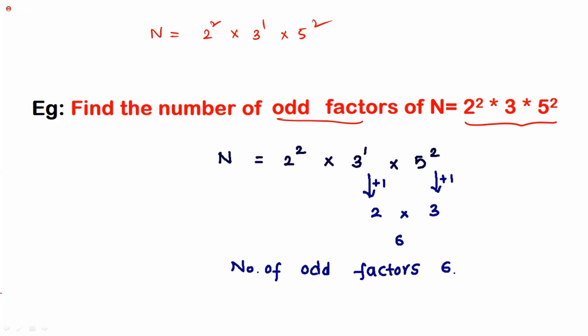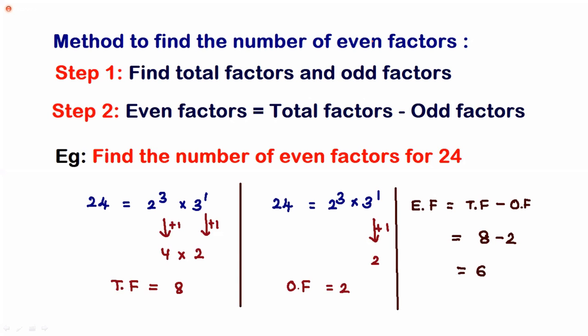Look at the odd prime bases: this is 3, this is 5. 1 plus 1 is 2, 2 plus 1 is 3, 3 into 2 is 6. That gives the number of odd factors. So when finding the odd factors of any number, only look at the odd prime bases and observe the powers, following the same method as before. This is how you can find the odd factors of any number.